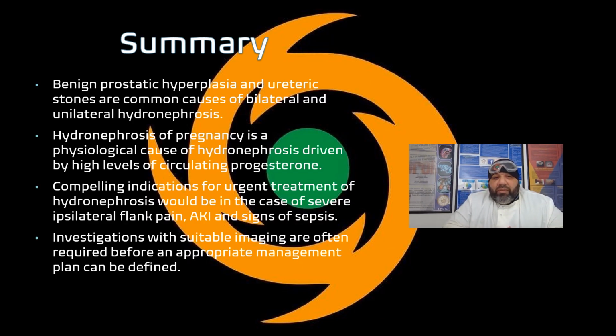So the summary around this is that benign prostatic hyperplasia and ureteric stones can be common causes of bilateral and unilateral hydronephrosis. Hydronephrosis relating to pregnancy can be a physiological cause driven by high levels of circulating progesterone.